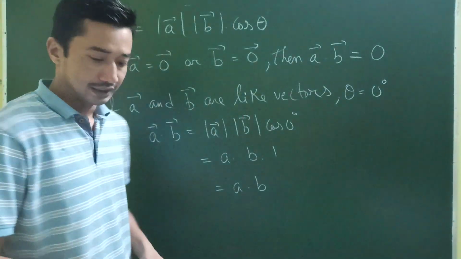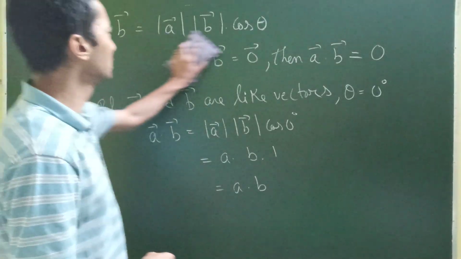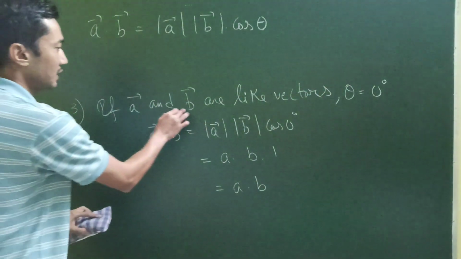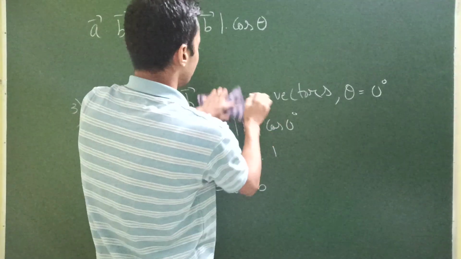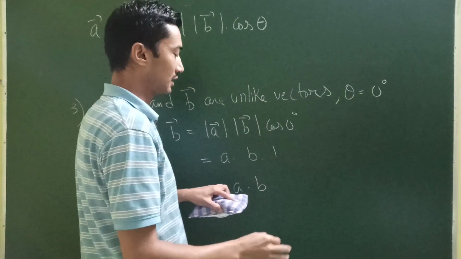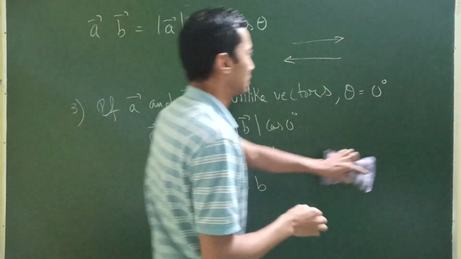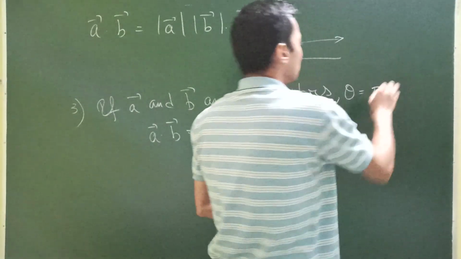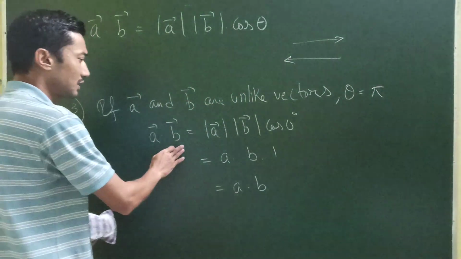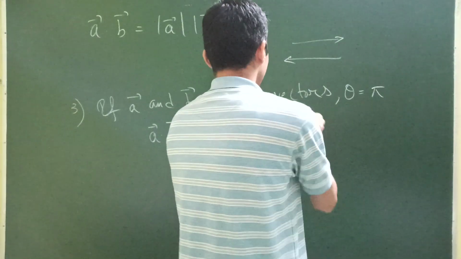Alright? Okay. Third condition, the third case, that is if vector A and vector B are unlike vectors. Unlike vectors means parallel vectors but in the opposite directions. That means the angle is going to be how much? 180 degrees. So in that case, the dot product of two vectors will be magnitude of vector A, magnitude of vector B, cos of 180 degree.